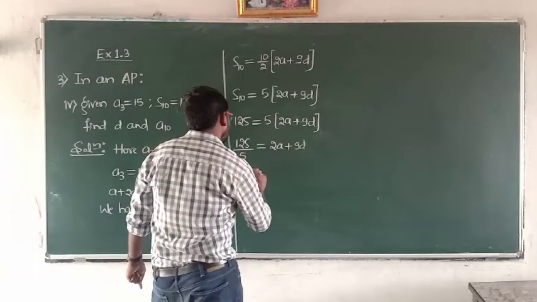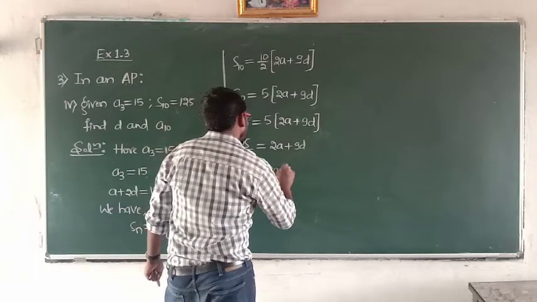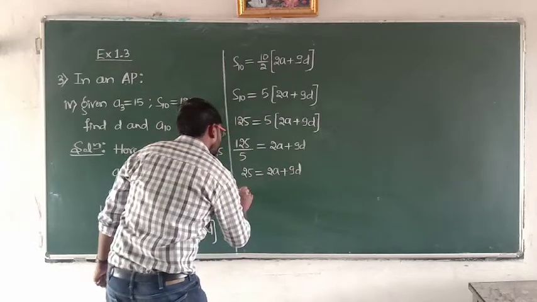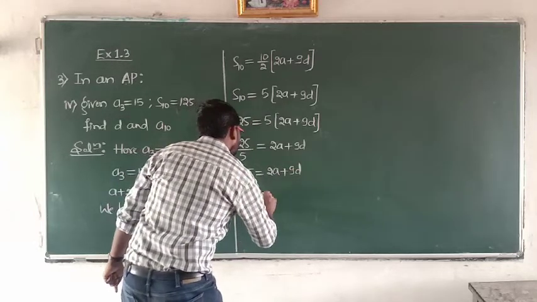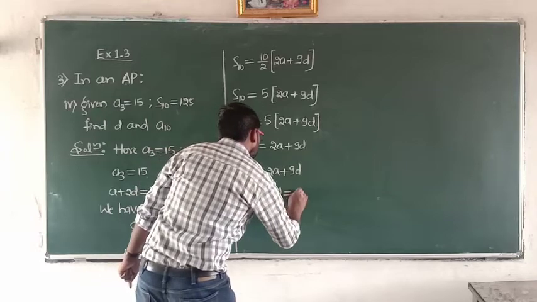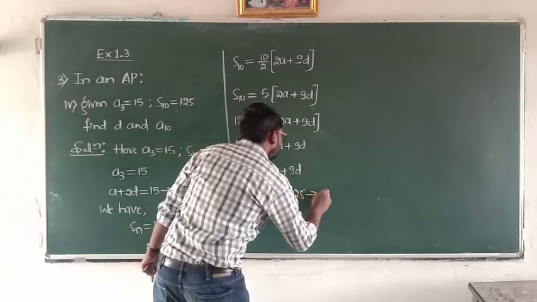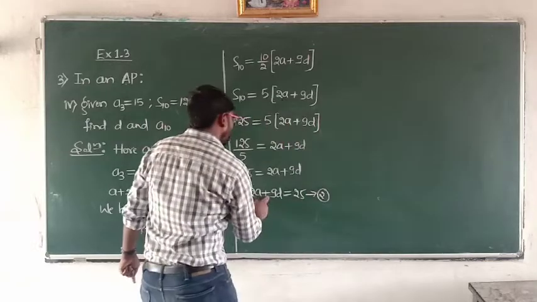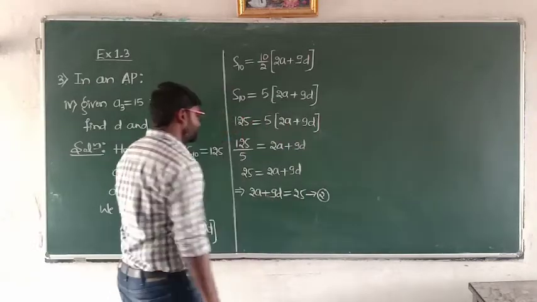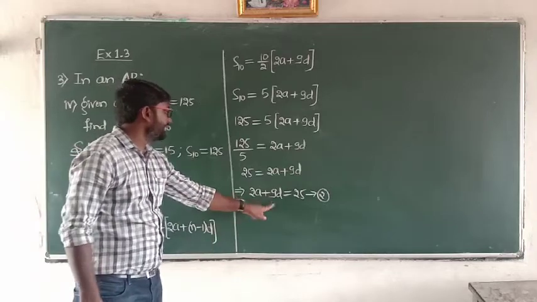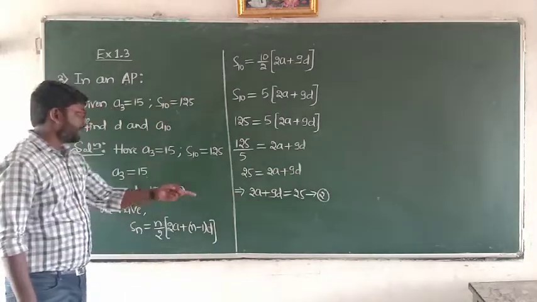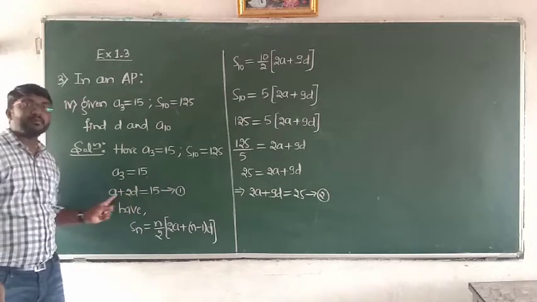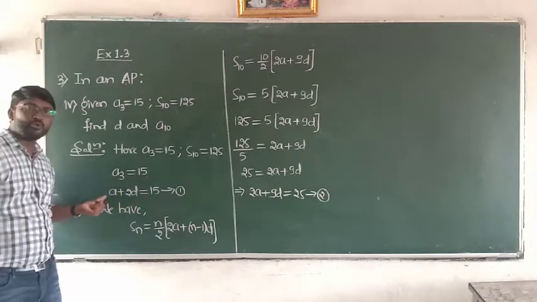So 2a plus 9d is equal to 25. Call this equation number 2. Now we have to solve equation 1 and equation 2 to get the values of a and d. In order to make the a coefficients equal, we have to multiply equation 1 by 2 so that we get 2a here.